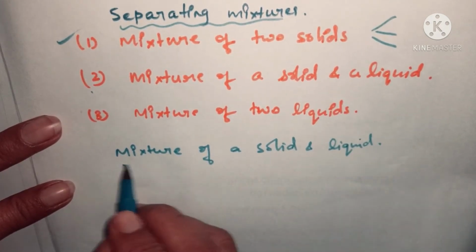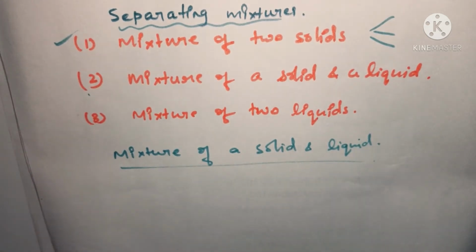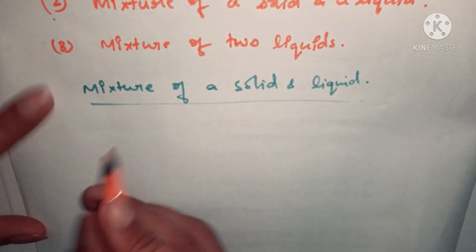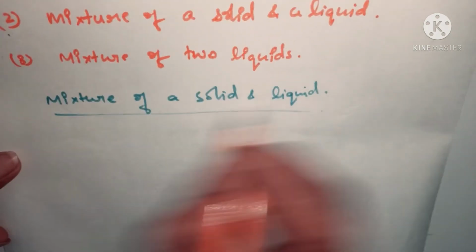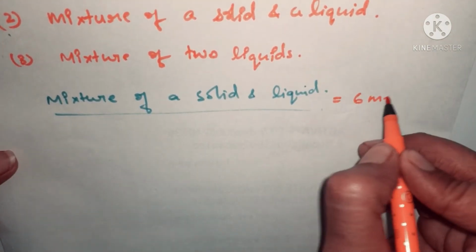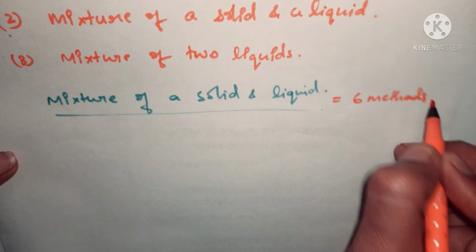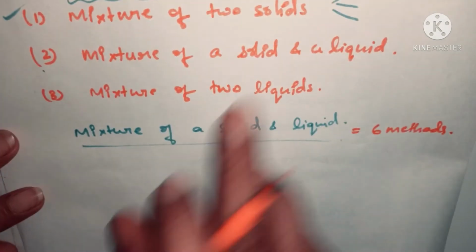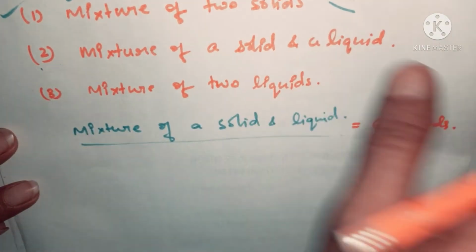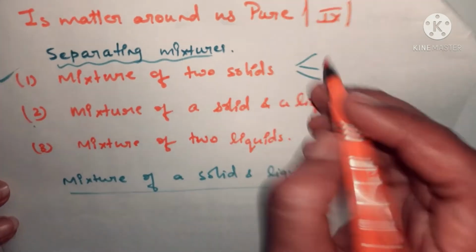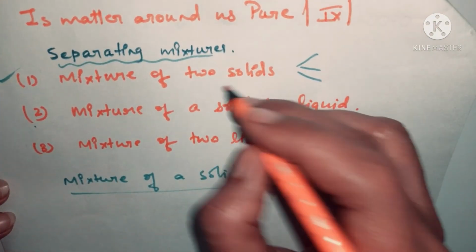Now in this category we have a lot of methods. We have at least 6 separation methods. In the very first case we had only 3 ways of separating one solid from another solid.